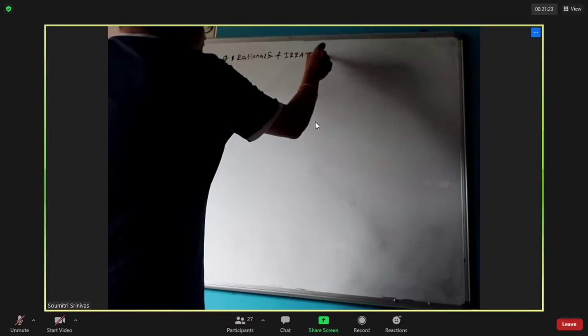Look here. Number line: R is equal to the union of rationals and irrationals.